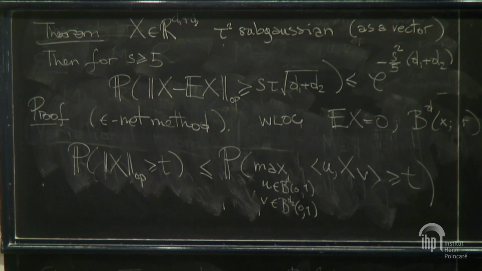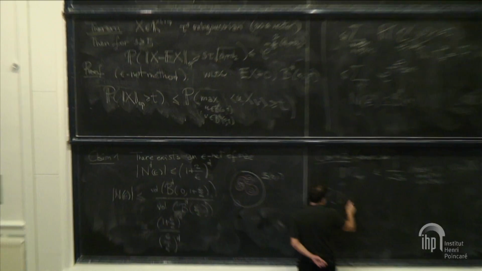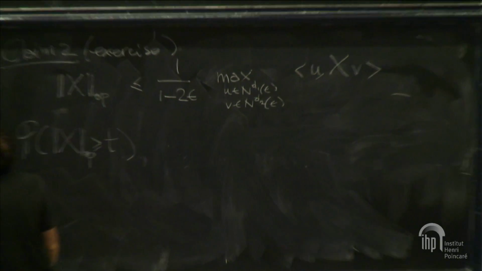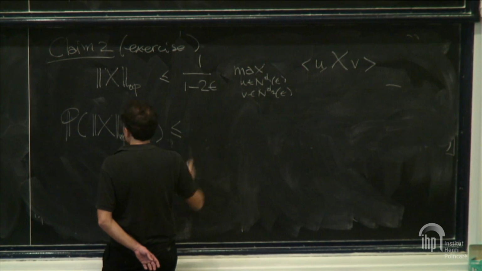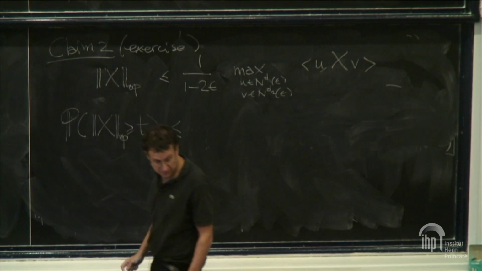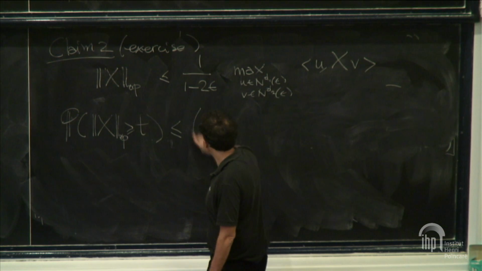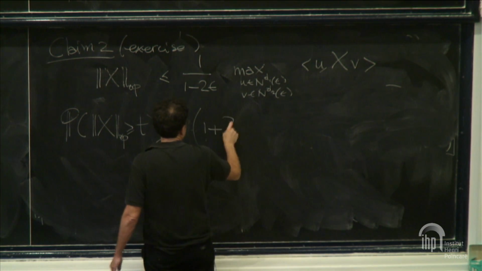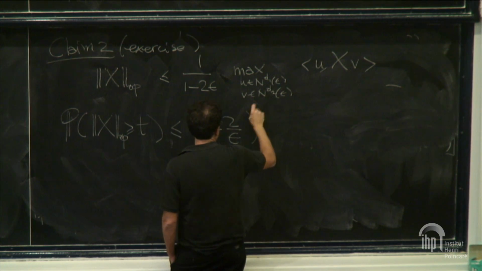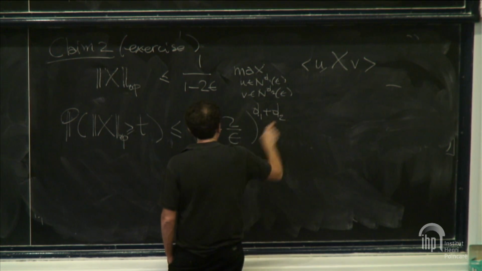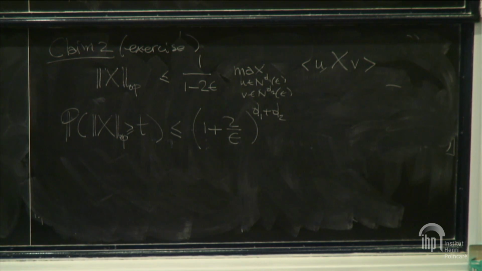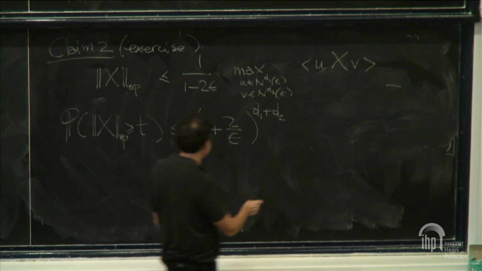So if you repeat that argument, you get that the probability that the operator norm is bigger or equal than t is less or equal than the product of the sizes of the two epsilon nets, which is (1 + 2/epsilon)^(d1+d2), because I take the union bound over u and the union bound over v, times the probability of any of these guys.